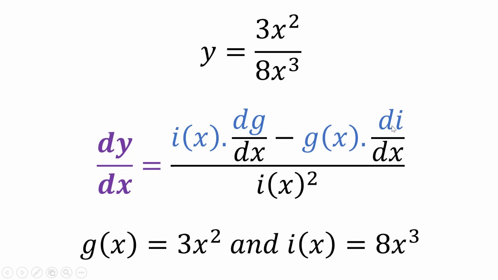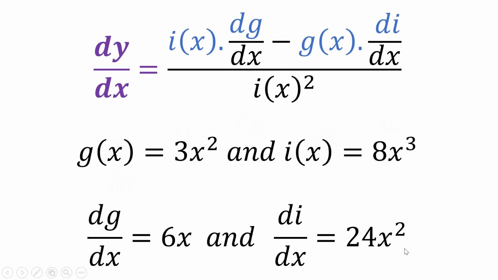We also need the derivative of I with respect to x. And from here, the power rule will tell us that we multiply 8 by 3 to get 24. We subtract 1 here to get 24x squared. So the derivative of j with respect to x is 6x, and the derivative of I with respect to x is 24x squared.